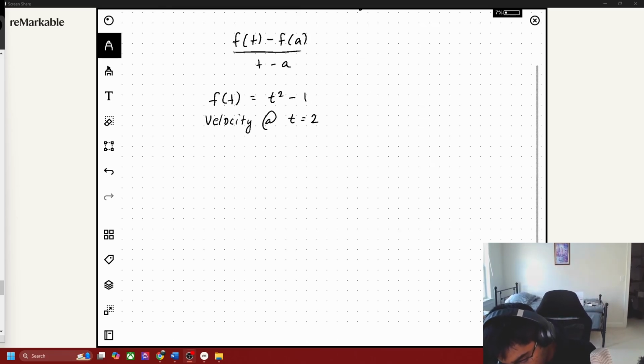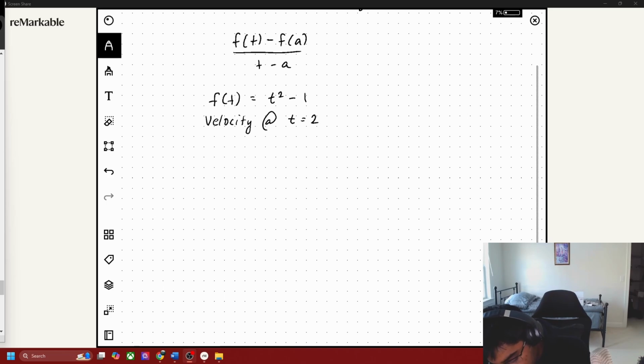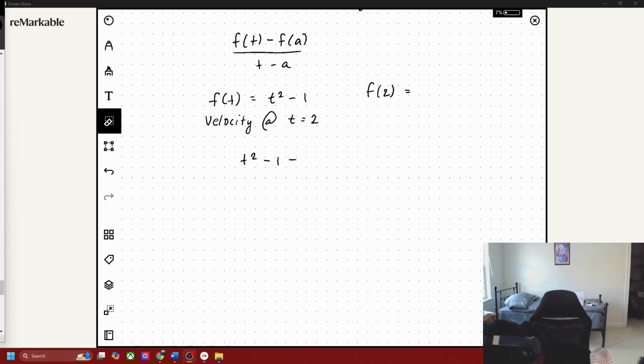So how would we do this? We have our function here. We have this nice little formula here. So what we can do is just plug in t squared minus 1 minus f of 2, which is 3, over t minus 2.